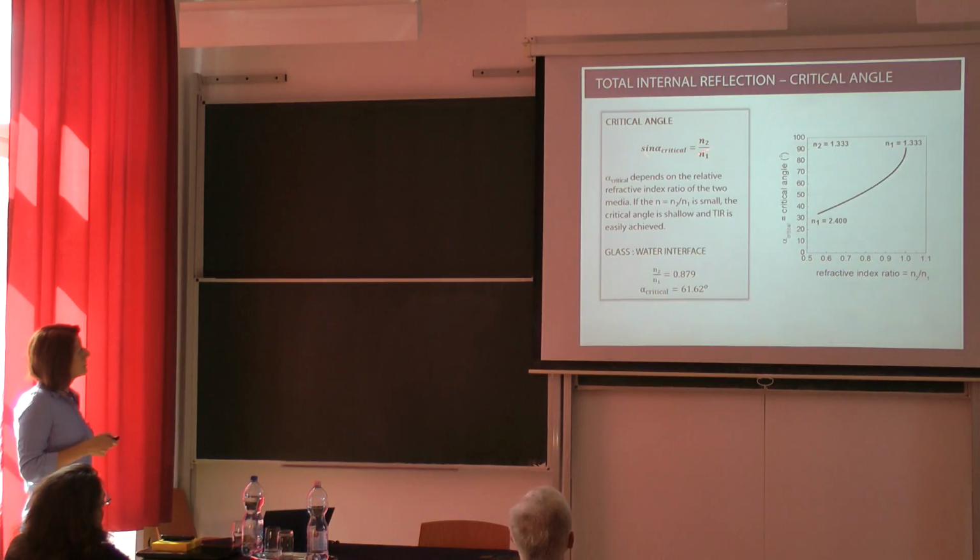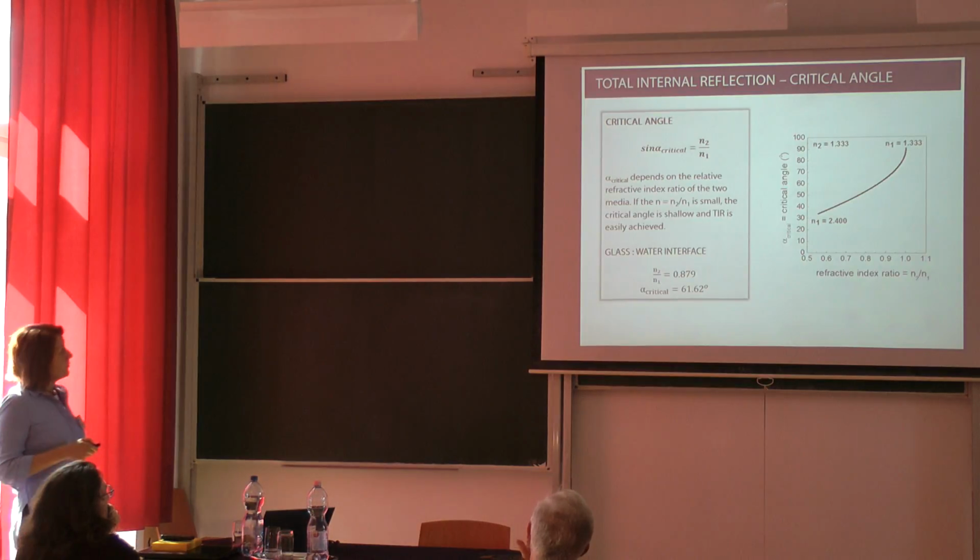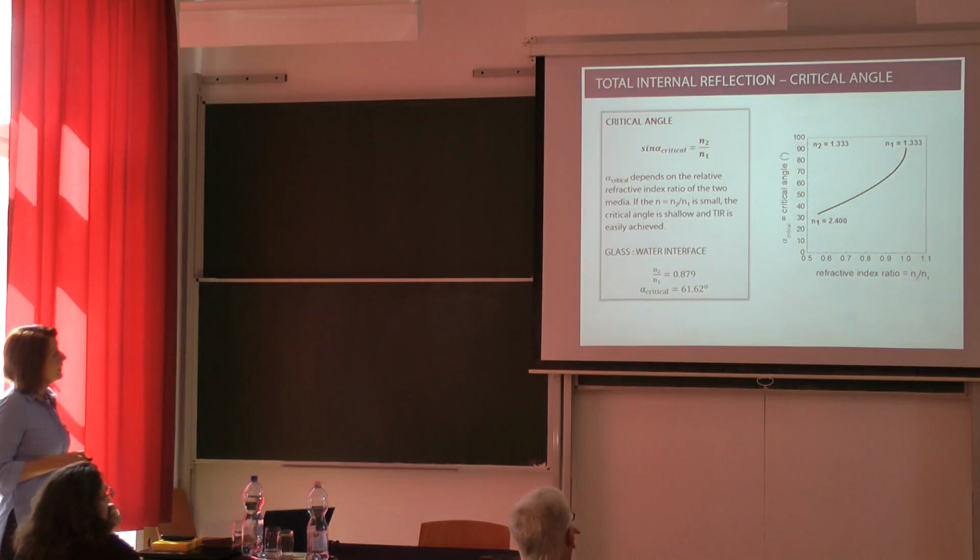It can be derived from the ratio of the two refractive indices, which is plotted on the horizontal axis, and the corresponding critical angles are shown on the vertical axis. What you can note from this figure is that if the two refractive indices are equal or close to each other, then the critical angle is quite high, close to 90 degrees.